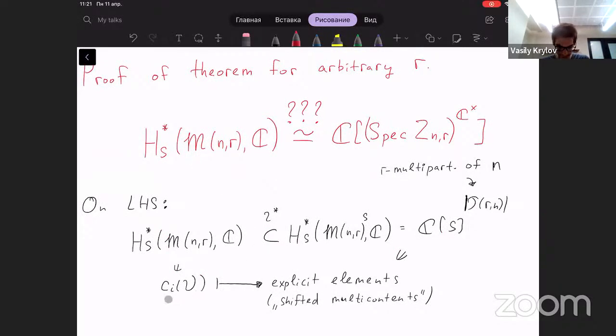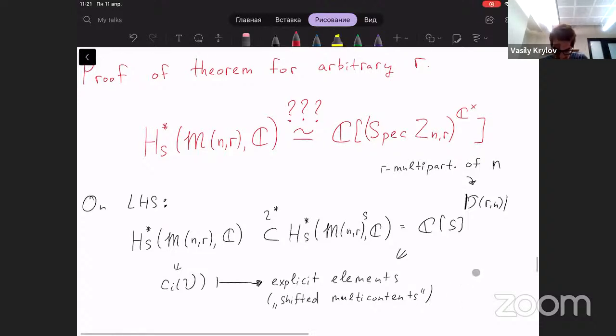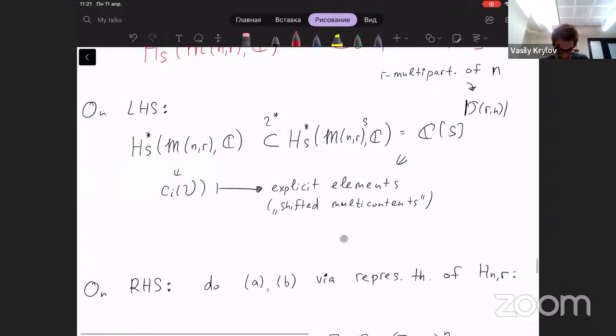And c_i of V maps to very explicit elements here. You can call them shifted multi-contents of Young diagrams, just characters of tangent fibers of our V.